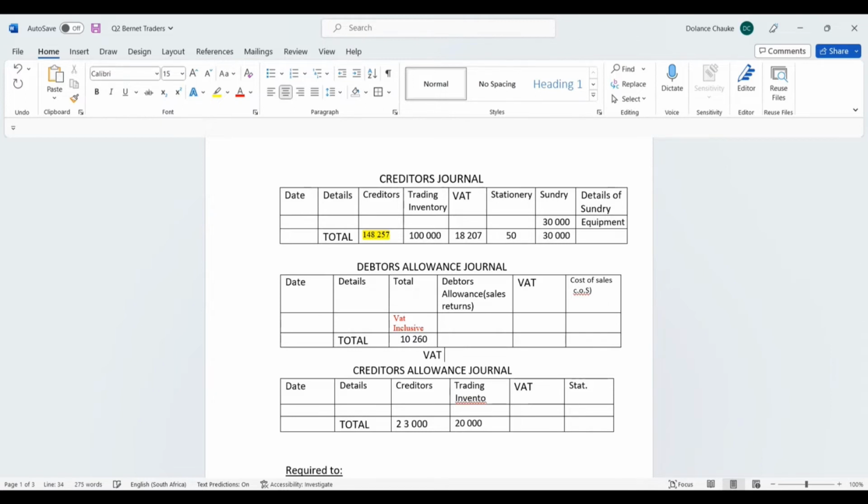Our VAT is going to be equal to the total, which is 10,260, multiplied by 15 divided by 115. It's like this. This total is VAT inclusive, and this one is VAT exclusive.